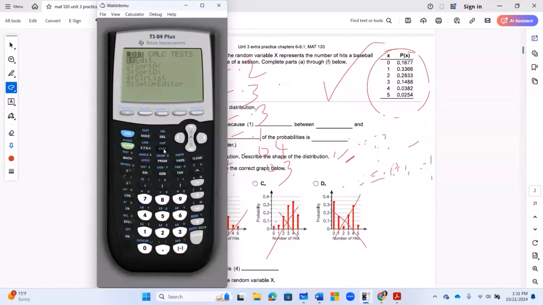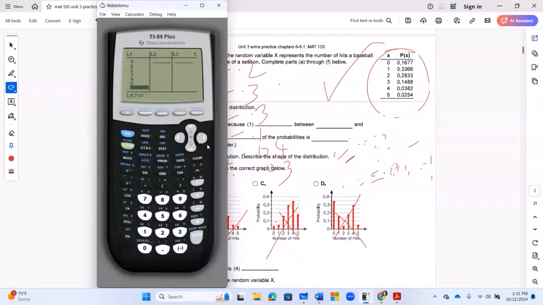I'm going to go to Stat, Edit, and clear L2 and L1, and then put in all the random variables in L1. So 0 and 1, and the random variables must be discrete. They cannot be decimals. 2, 3, 4, 5.